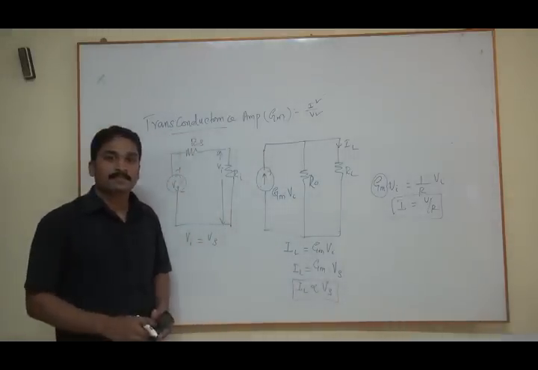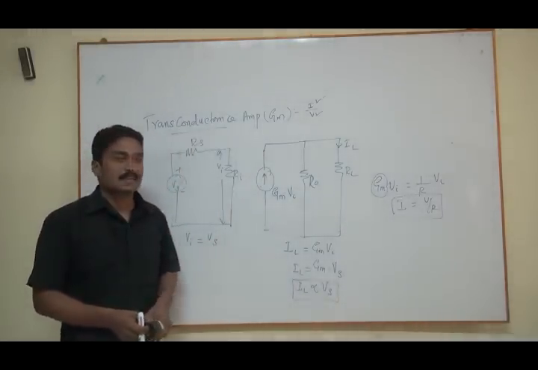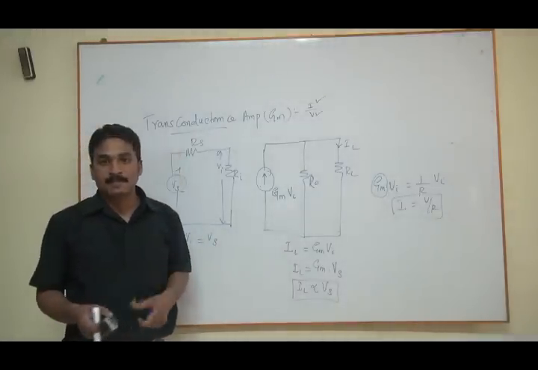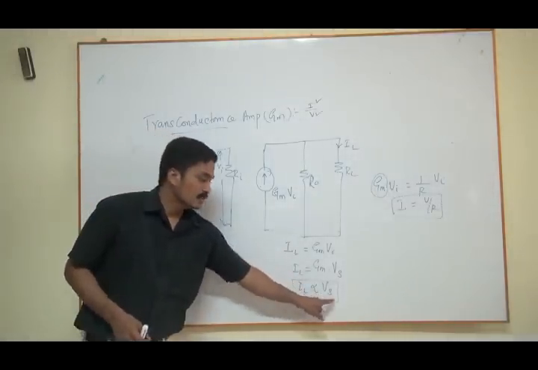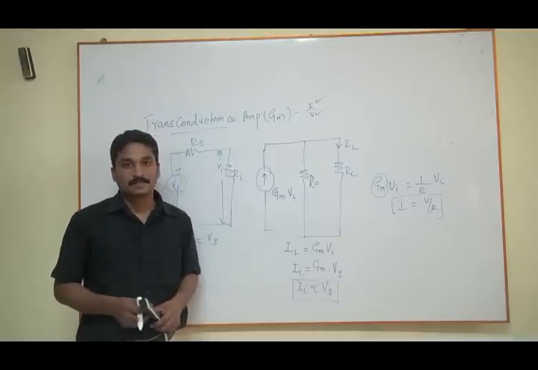Simple. So this type of circuit is what is called the transconductance amplifier circuit, since your output current depends on the input voltage. Clear?